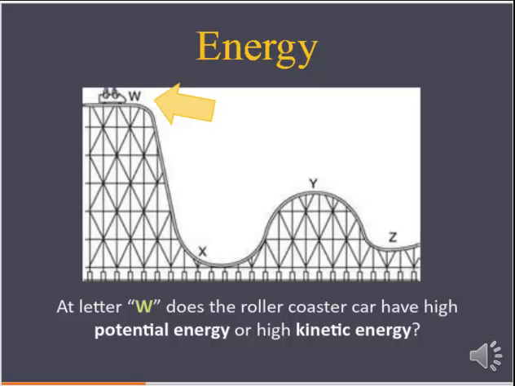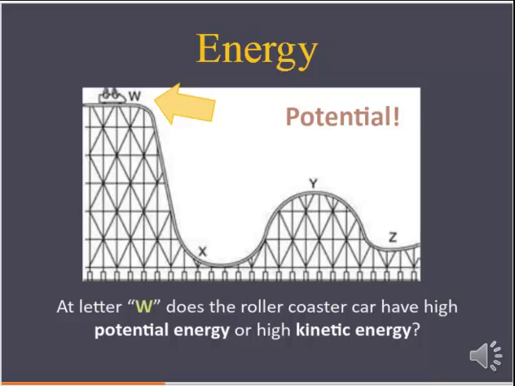This is a diagram that a lot of teachers like to use when we teach about kinetic and potential energy. Roller coaster. So at letter W, does the roller coaster car have high potential energy or high kinetic energy? The answer is potential.